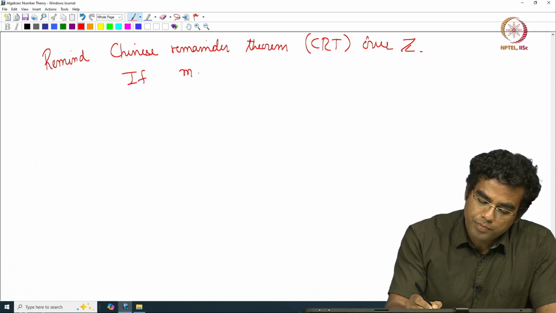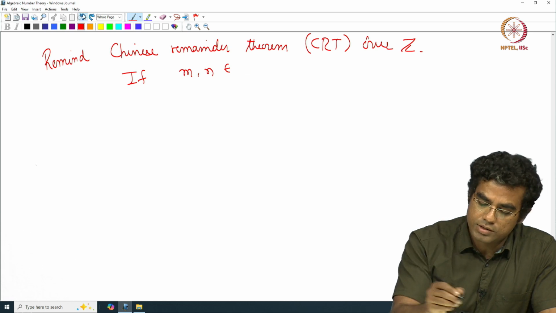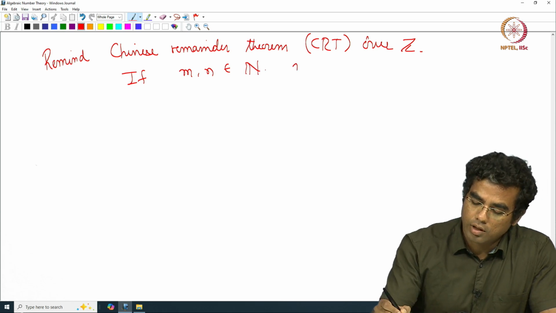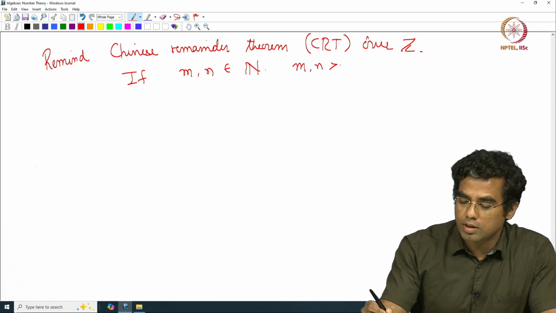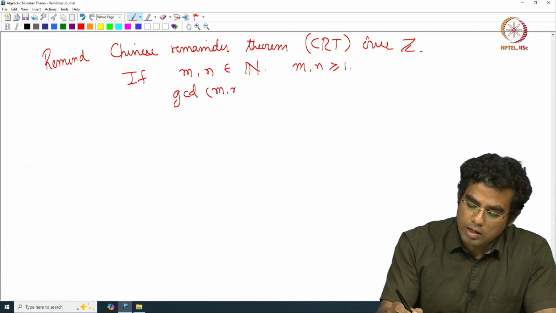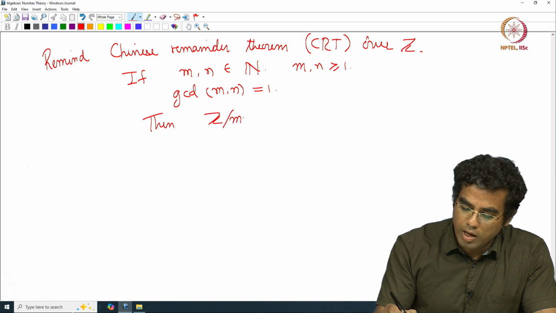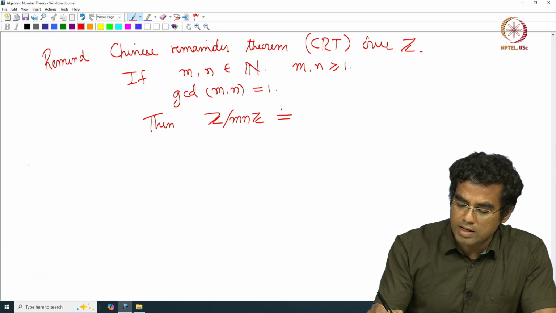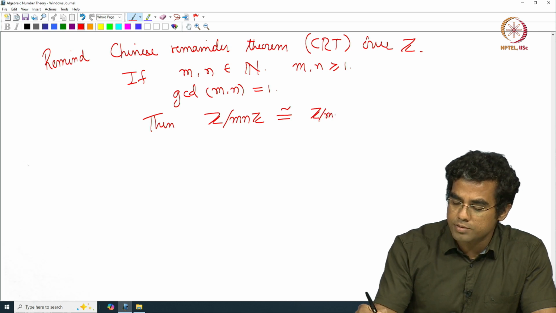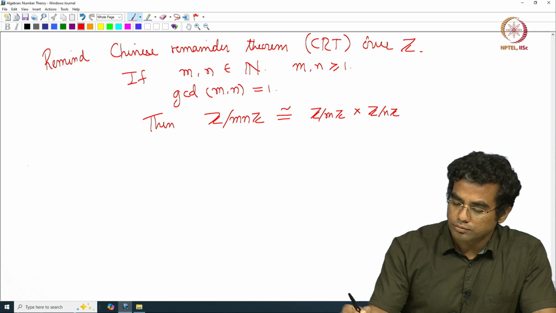If m and n are natural numbers, both bigger than or equal to 1, and GCD of m and n is equal to 1, then Z modulo mnZ is isomorphic to Z mod mZ cross Z mod nZ.